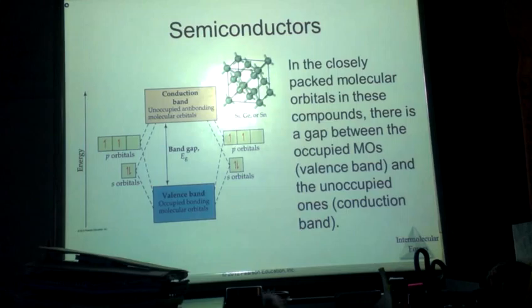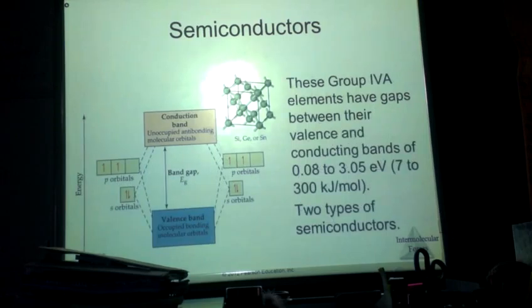So this is how we try to determine how well a semiconductor will work at the particulate level, using molecular orbital theory. We see that group 4A has the largest gap between valence band and conduction band.